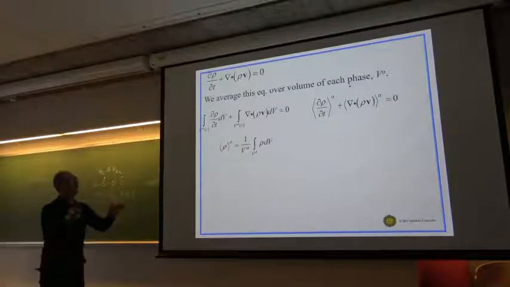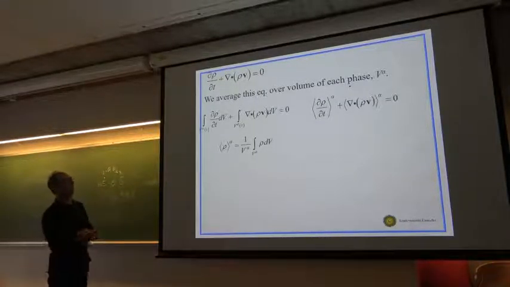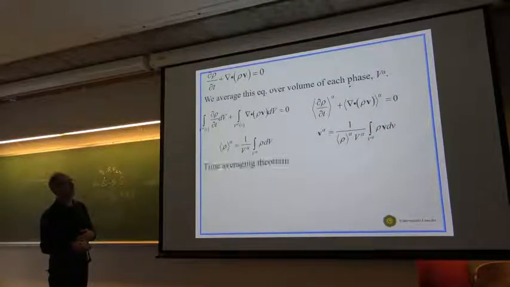I have an REV, and within that REV, I sum up all the masses divided by the volume. That's my average mass density. I also define an average velocity, which, as you can see here, is defined through the momentum. So the total momentum divided by total mass is the average velocity.